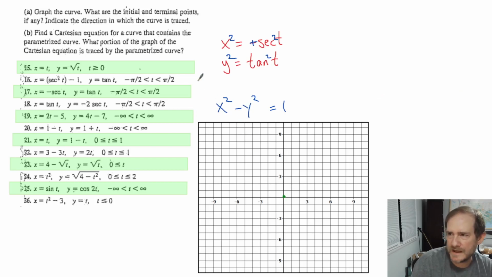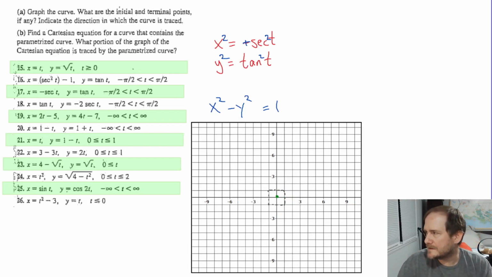We can see that we've got denominators of 1 and 1, which means we're just going to go left 1, right 1, and we're going to get a little reference rectangle that's just a little 2 by 2 square. And that will mean that we get asymptotes with slopes of -1 and 1.